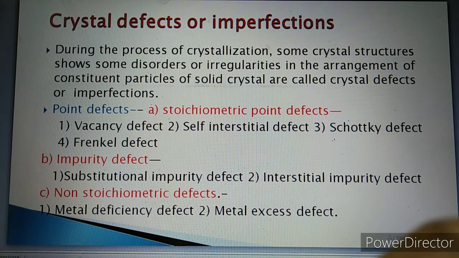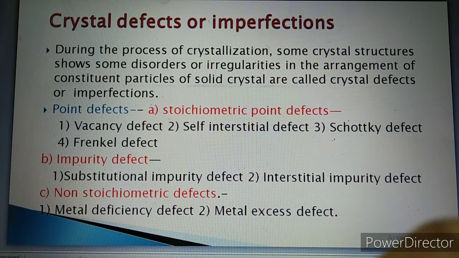There are a total of 3 types of point defect. One is stoichiometric point defect. Second is impurity defect, and third is non-stoichiometric defect. Already it's mentioned on the screen. So what is stoichiometric point defect? There are again 4 different types of stoichiometric point defects: vacancy defect, self-interstitial defect, Schottky defect, and Frenkel defect.